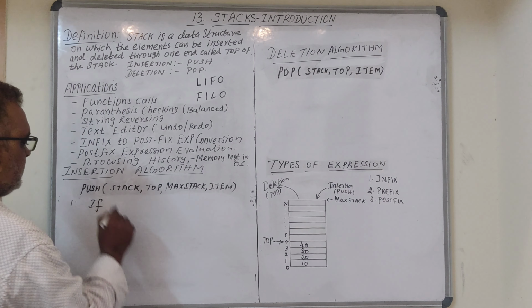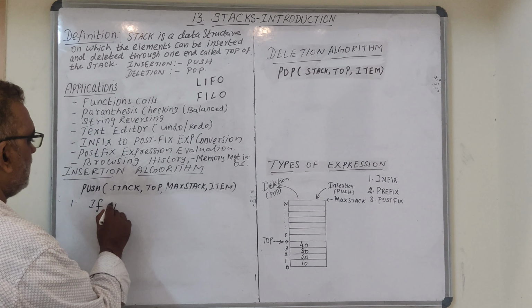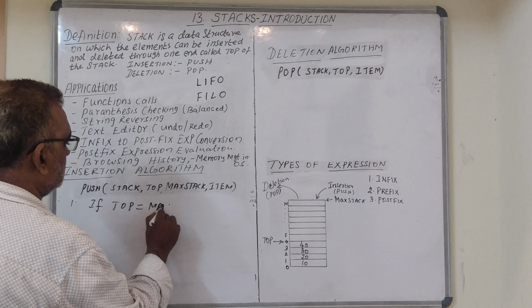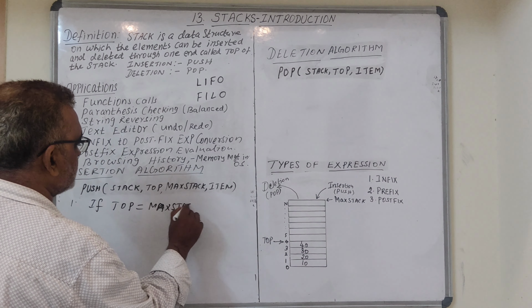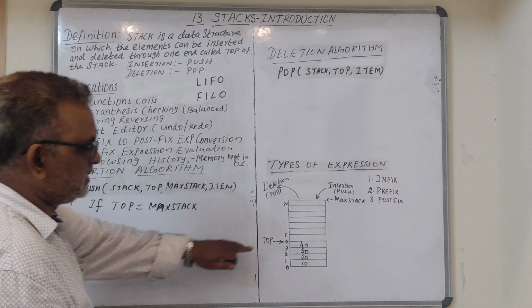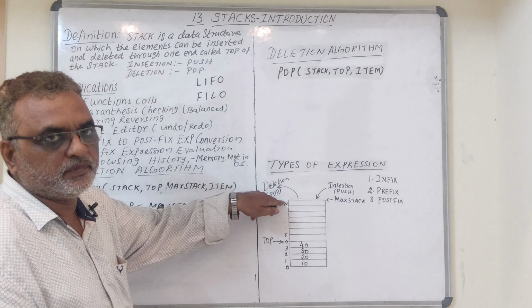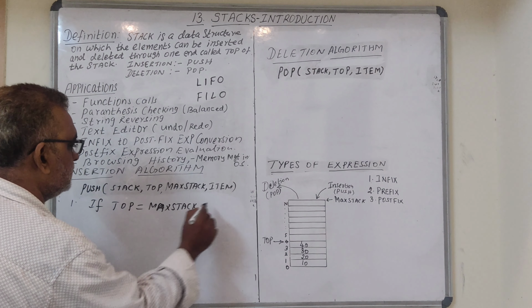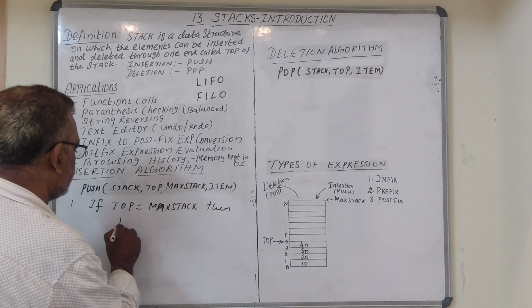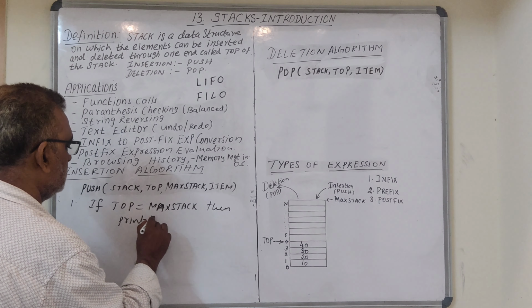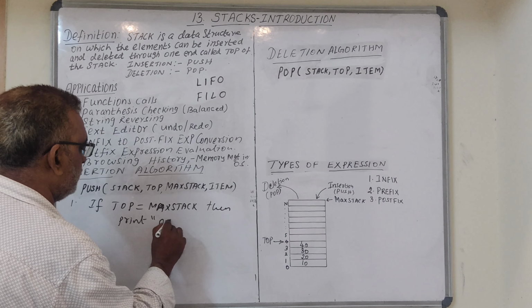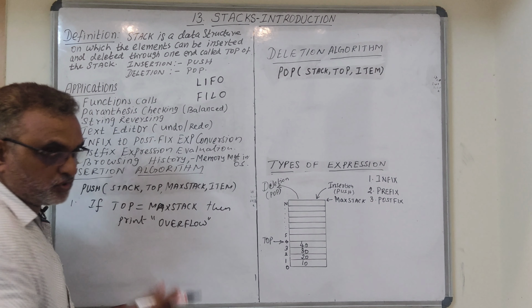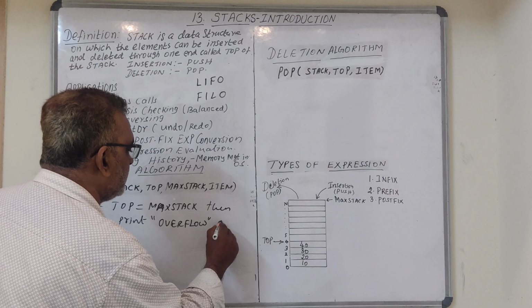We have to check: if top is equal to max stack, that means the stack is full. So we print the message that the stack is overflow. We cannot store any value, then return.